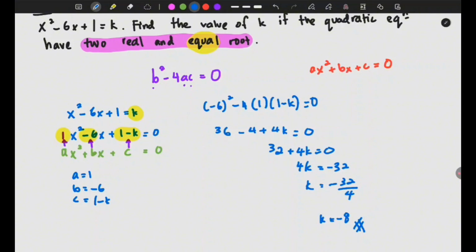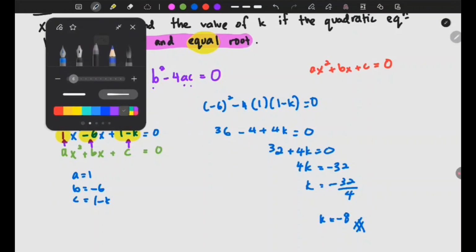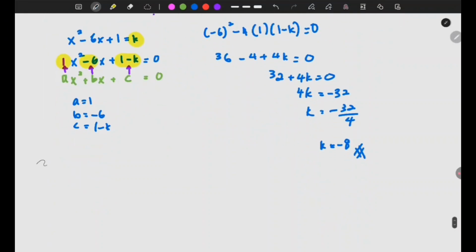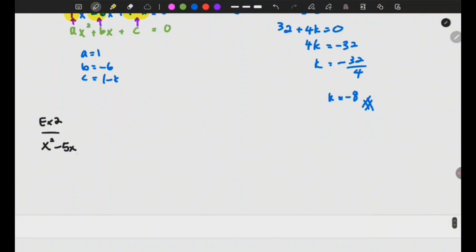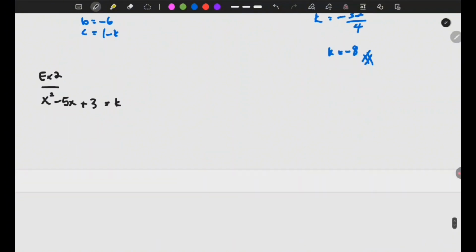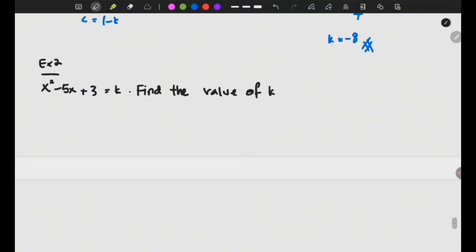So I'll give you another example. Example 2: I'll give you the equation x squared minus 5x plus 3 equals k. And the same thing, find the value of k if the quadratic equation has no real roots.